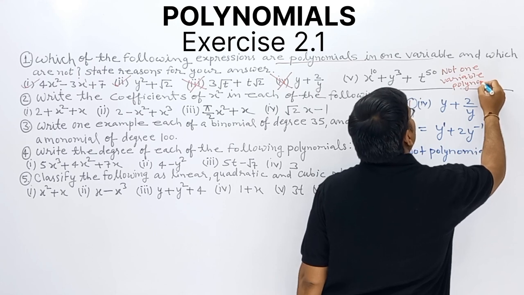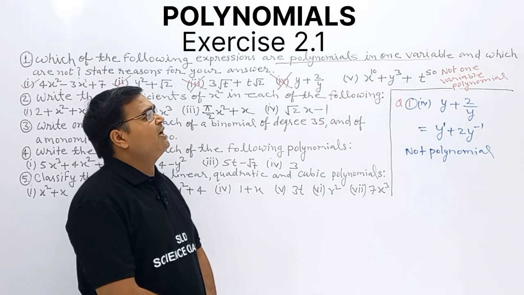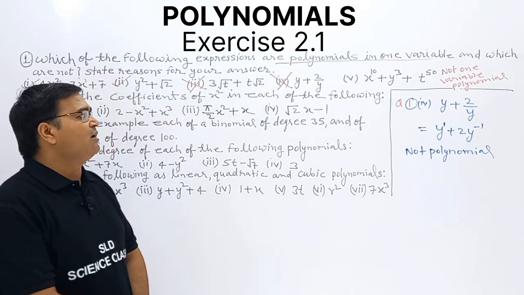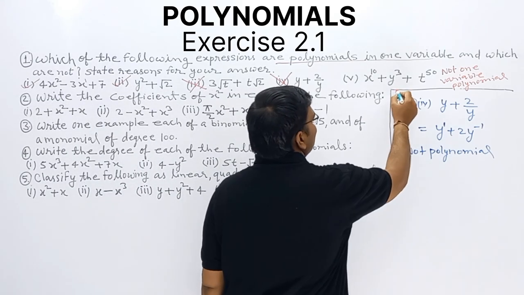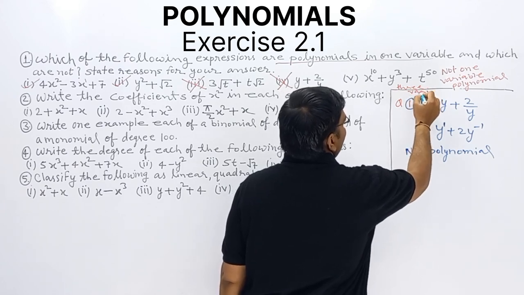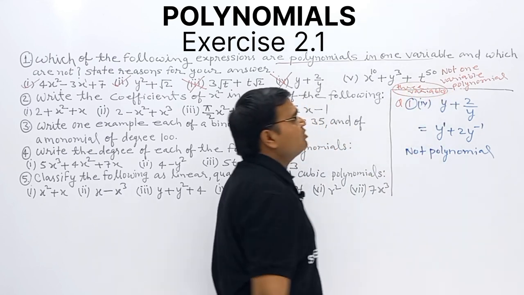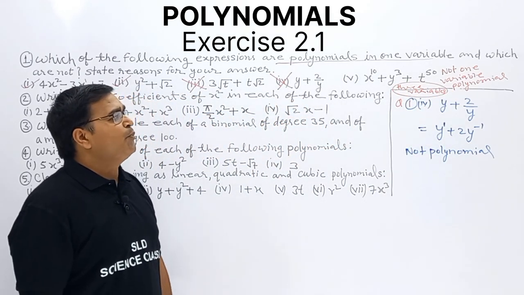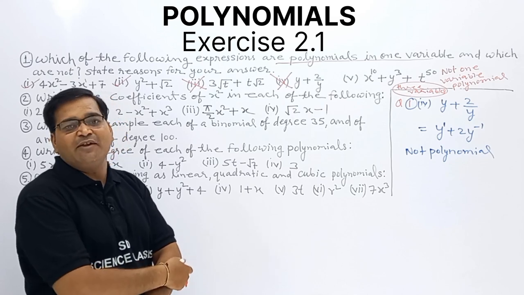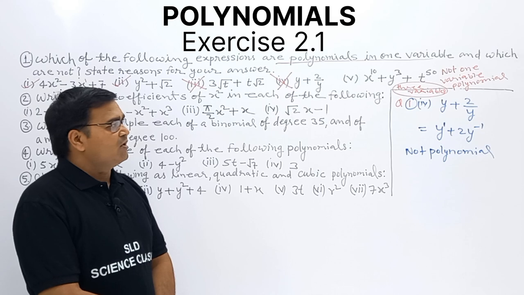It is a polynomial, but not a one variable polynomial. How many variables are we using? 3. So this is a 3 variable polynomial.